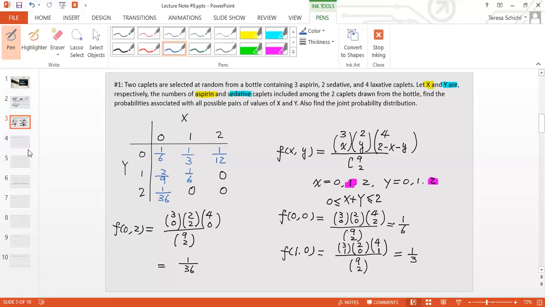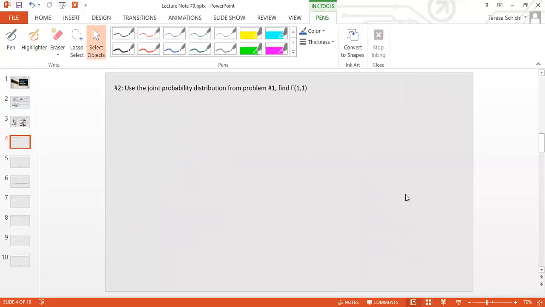Okay, let's take a look at the next example. They said use the joint probability distribution to find the CDF, right? Because this is a capital letter, I'm trying to find the CDF here. So how do I find the CDF? Like we defined before, this is F of 1, 1.